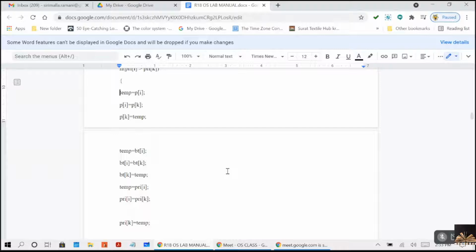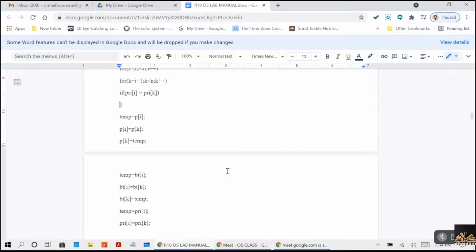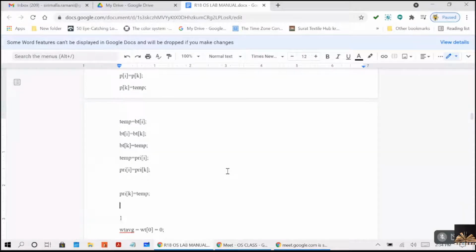The first 3 lines are for the process IDs, the next 3 lines for the burst time, and the last 3 lines for the priority.